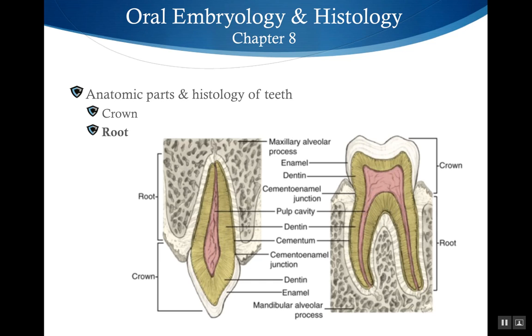So many times a maxillary or an upper molar has 3 roots, or it's trifurcated, whereas a mandibular molar has 2 roots, or it's bifurcated. There can be exceptions, which we'll talk about when we discuss tooth morphology. Now, the end of the root is known as the apex.